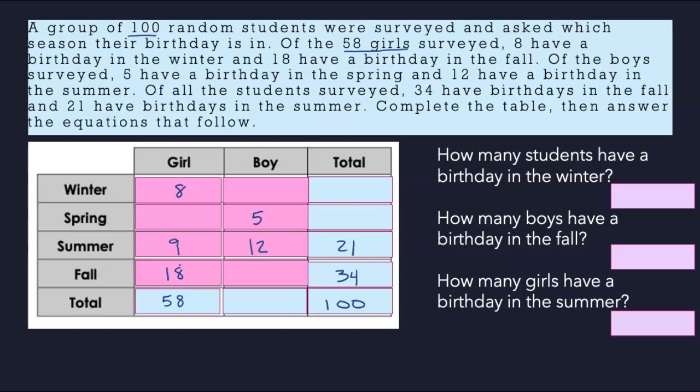Okay. If I'm still working in rows, and here you can start moving around, but I'm just going to keep working in rows. I have 18 girls in the fall. I need to know the boys, but I know the total is 34. So I would just take 34 and subtract 18. And that would give me 16.